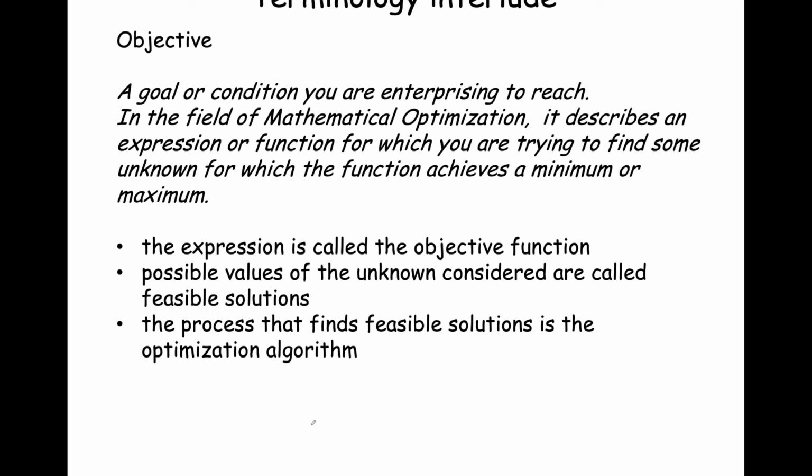The expression is called an objective function, and the possible values of this unknown that you consider, asking whether it achieves a maximum here or there, are called feasible solutions. So you're trying to find a feasible solution where some objective function reaches a maximum or a minimum. And the process that you use to find the feasible solutions is called your optimization algorithm.